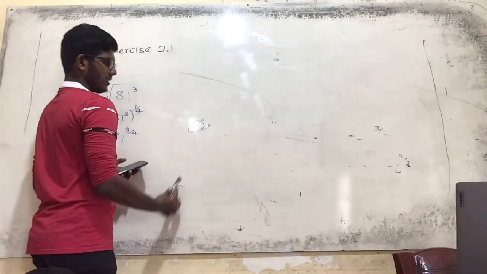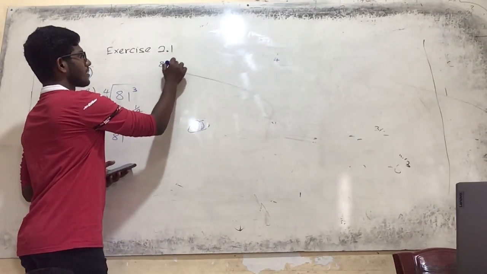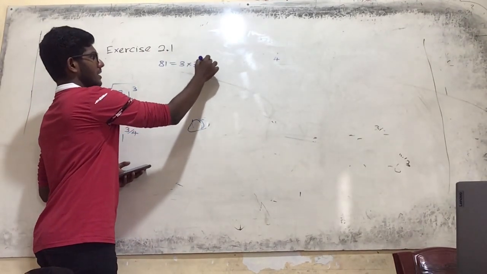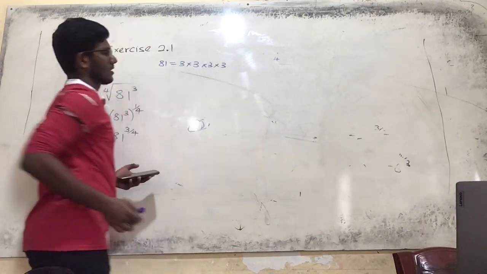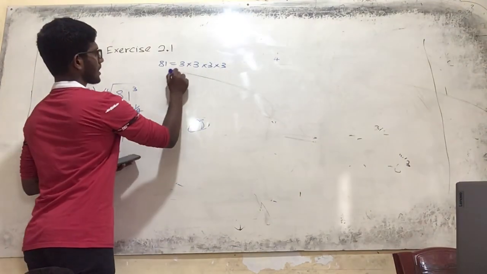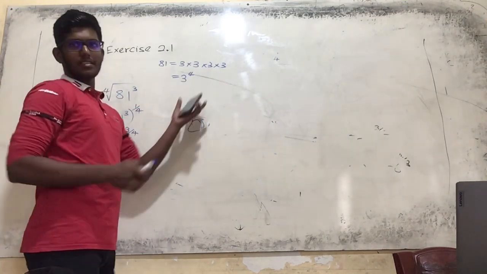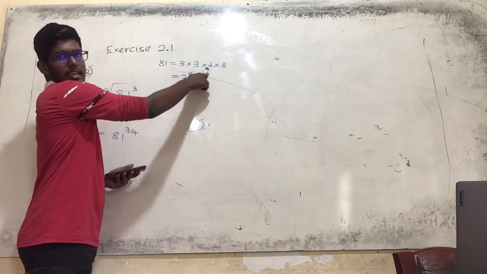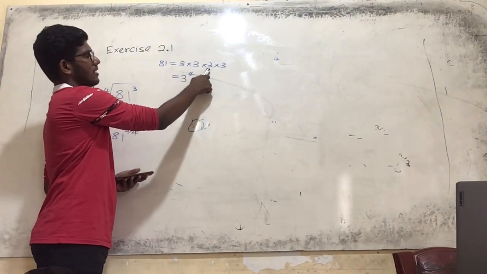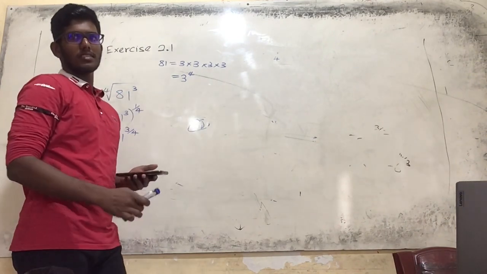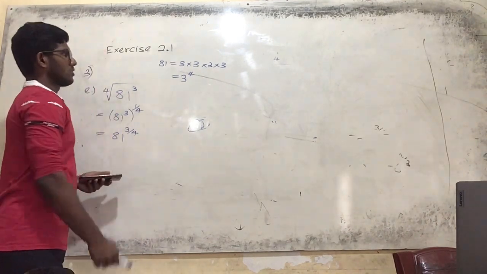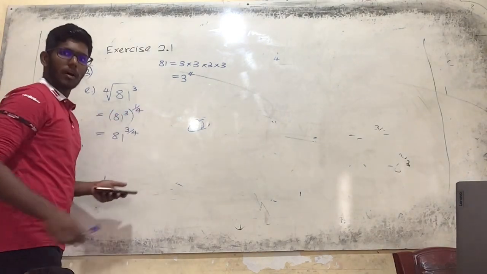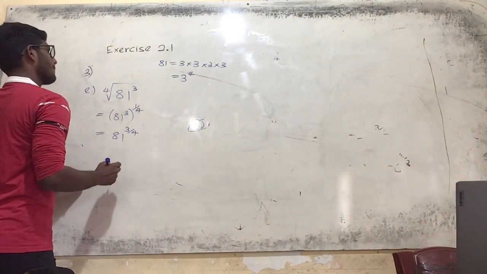Let's take it here. So you know 81 equals 3 times 3 times 3 times 3, or 3 to the power 4. You can multiply and see. 3 times 3, 9. 9 times 3, 27. 27 times 3, 81. So 81 is 3 to the power 4.